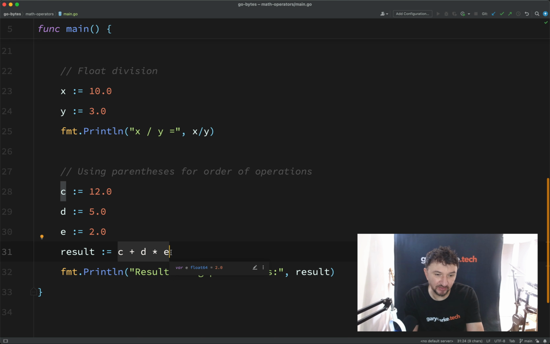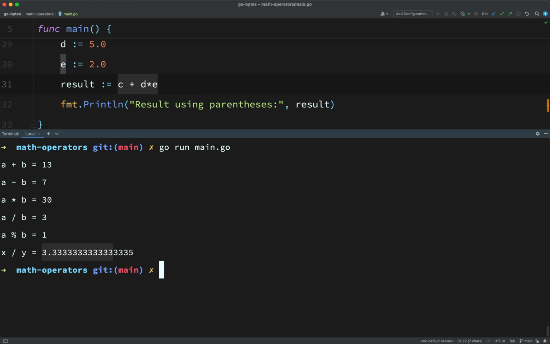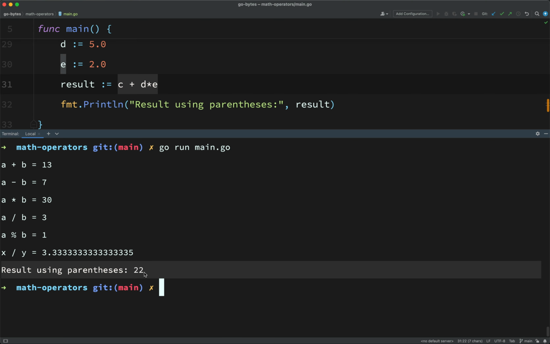The correct order of operation is that the multiplication goes first. So 5 times 2 is 10, and then we add that to 12, and we should get a result of 22. Before we go any further, let's just prove that. Okay, result without parentheses equals 22.